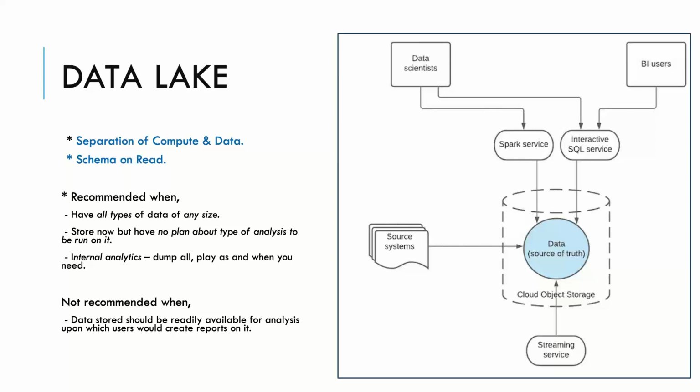Similarly, in our software scenario, a company could decide, okay, let's store all this data for now, but let's do analysis on this at a later point of time. For example, consider Uber.